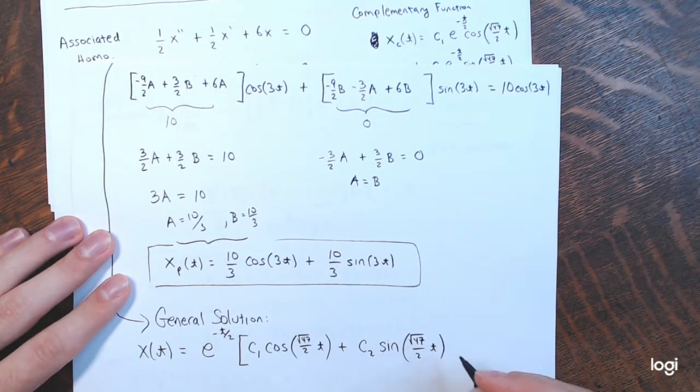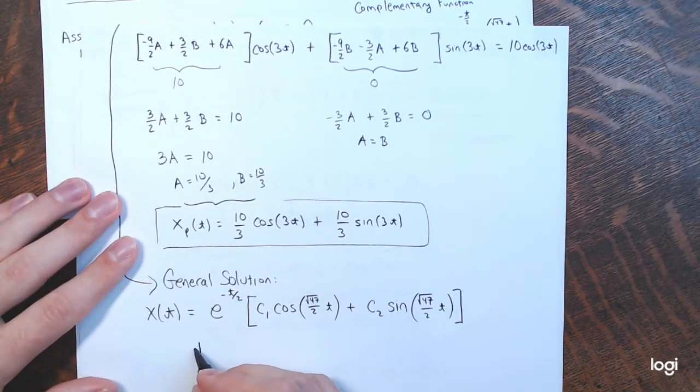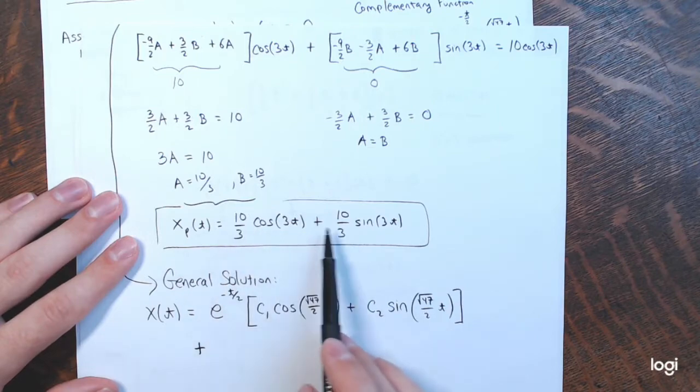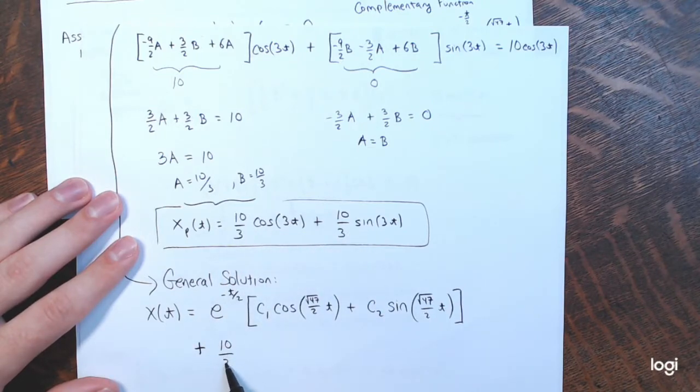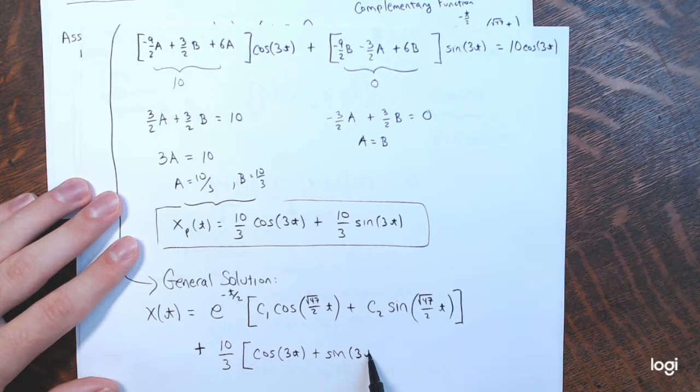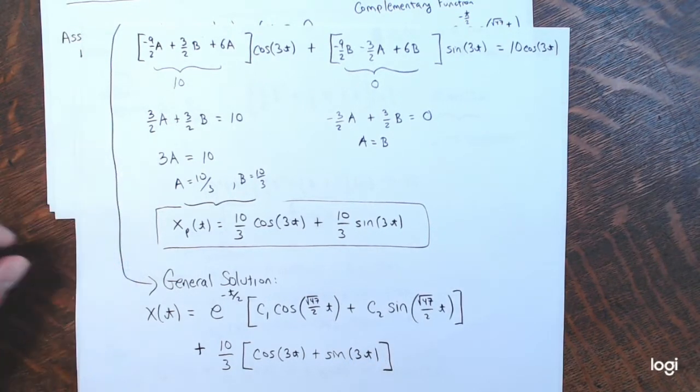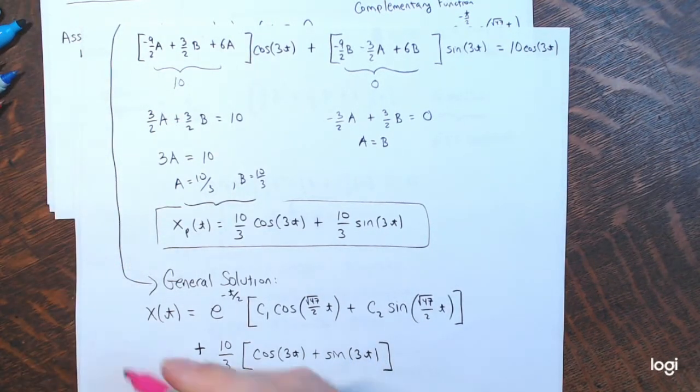There's the complementary function. Then plus some particular solution, which, both of these, I'll pull out the 10/3. 10/3 times the quantity cosine 3t plus sine of 3t. All right, and there you have it. Now this isn't the end.